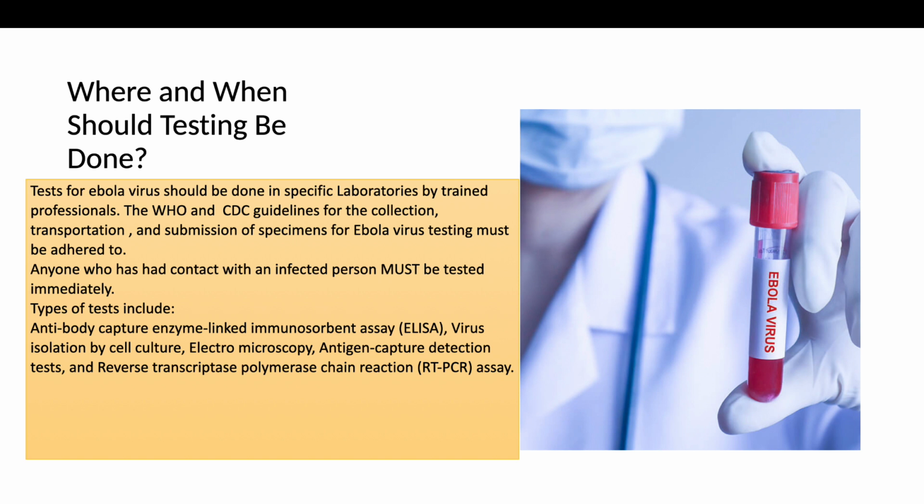Tests for Ebola virus should be done in specific laboratories by trained professionals. The WHO and CDC guidelines for the collection, transportation, and submission of specimens for Ebola virus testing must be adhered to. Anyone who has had contact with an infected person must be tested immediately for the virus.